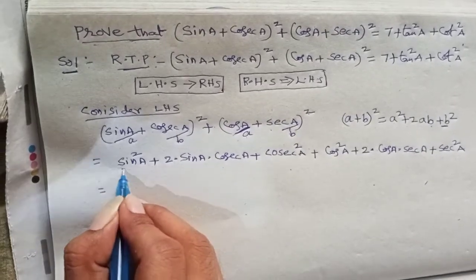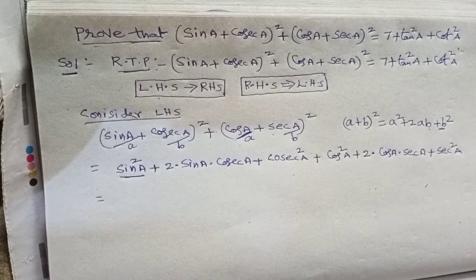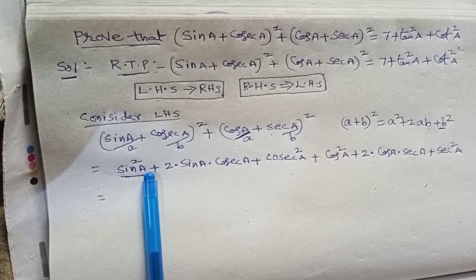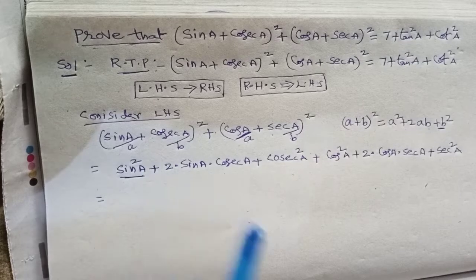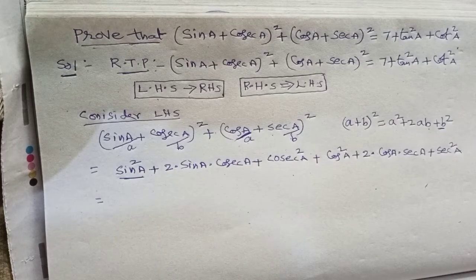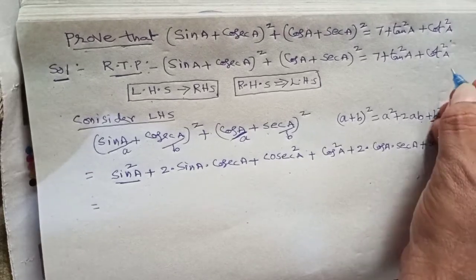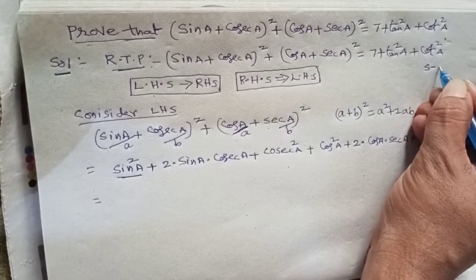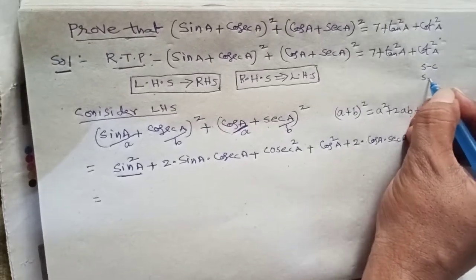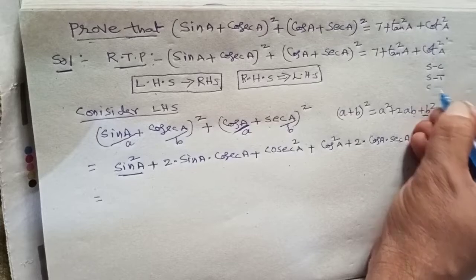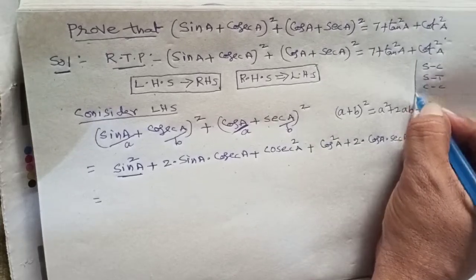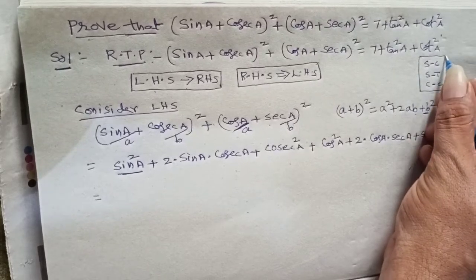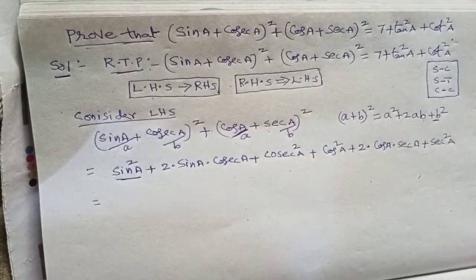Here you find sin² A. Whenever you find the square of a ratio, you have to use identities in most cases. For recapitulation of identities, what are the identities in short form, from our previous video? SC, ST, CC. In these three identities, sine is contained in which identity? Either the first one or the second one.